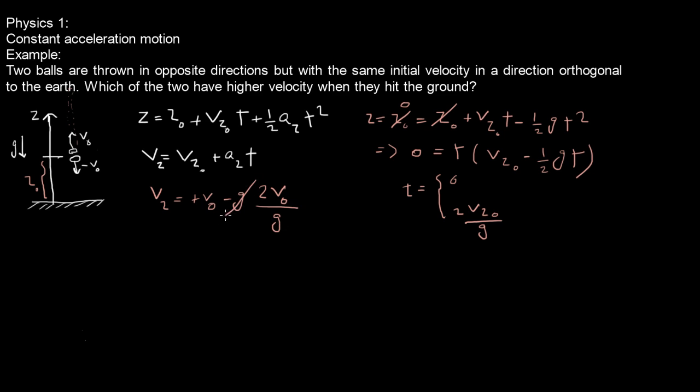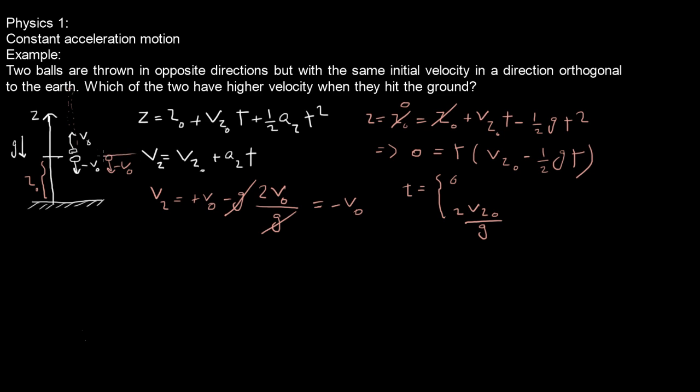Now if I cancel g and g, then VZ will be equal to V0 minus 2 V0. So it's minus V0. That means when the particle is back here, the velocity is minus V0.